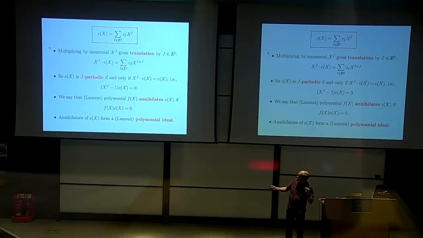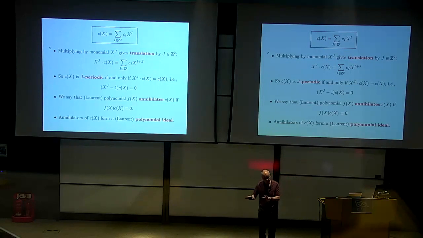I say that the configuration is j periodic if translating it by j gives me the original configuration. In other words, if I multiply my power series by the polynomial x to j minus 1, I get the 0 power series. Right? Multiplying with this just means that I'm shifting by j and subtracting the original configuration.